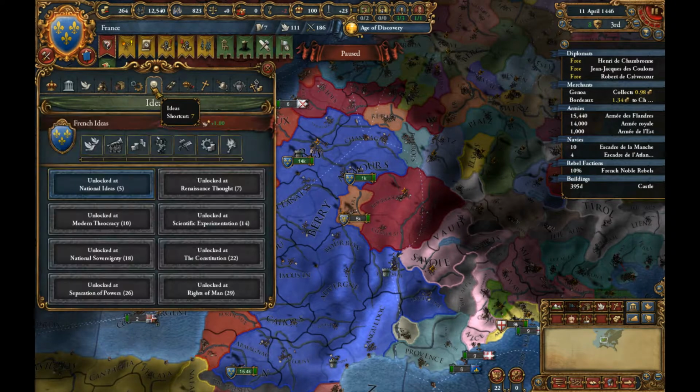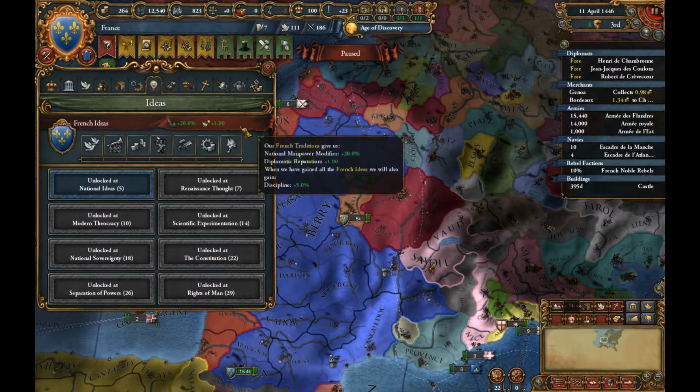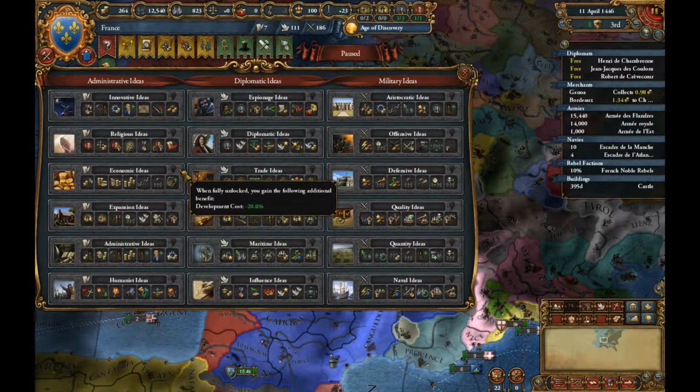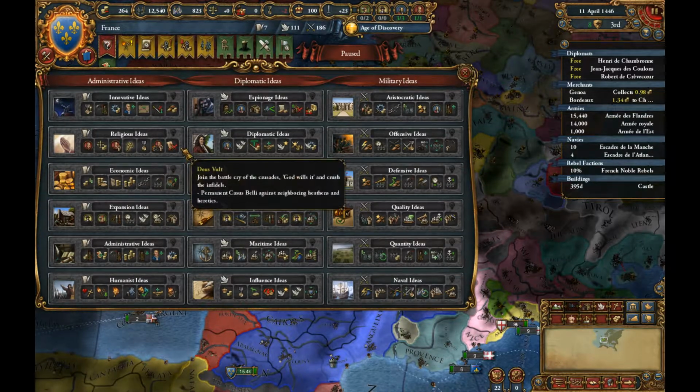There are also other options to increase your economy. There are ideas, for example. And also a higher tech level increases your production efficiency. That's why the manufactories are extremely strong.